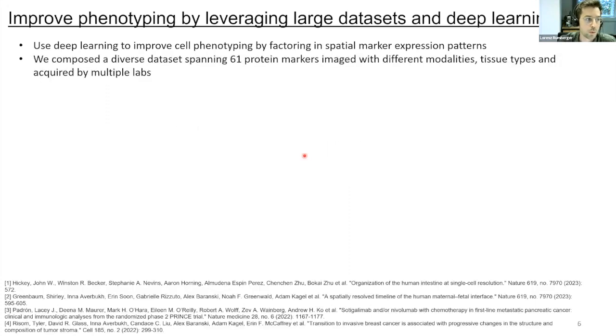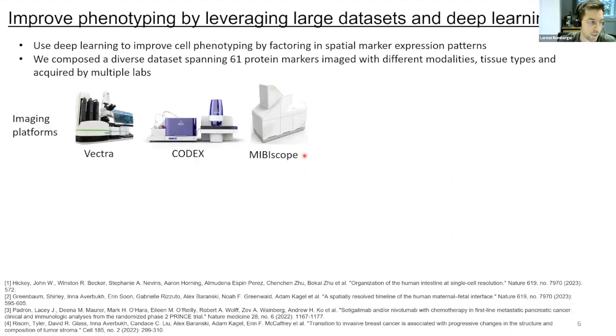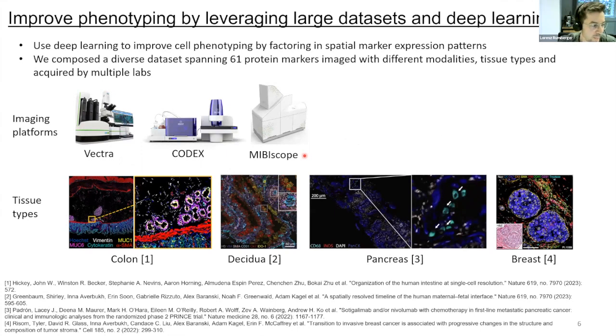That's why we composed a really large and diverse data set spanning over 61 different protein markers, imaged with different modalities like Vectra and Codex, which are multiplexed IF platforms, and the MIBIscope, famously used in Mike's lab.